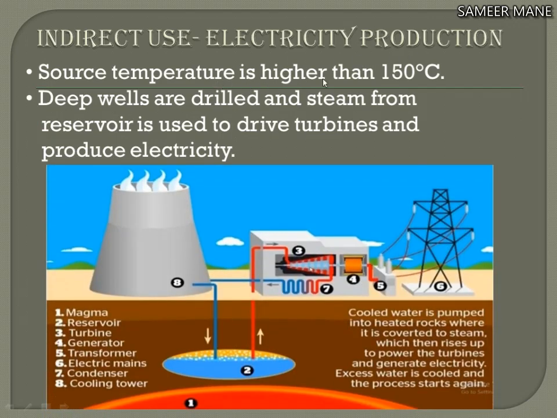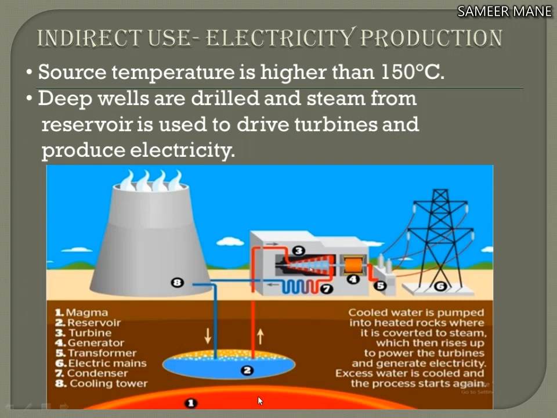Source temperature is higher than 150 degrees Celsius. Deep wells are drilled and steam from the reservoir is used to drive turbines and produce electricity. Let's see the diagram.